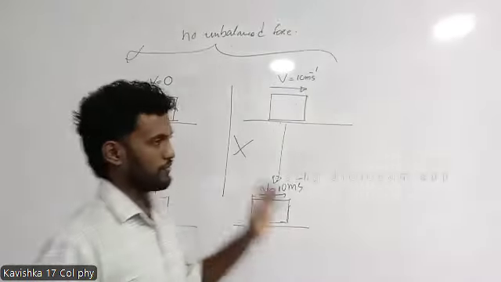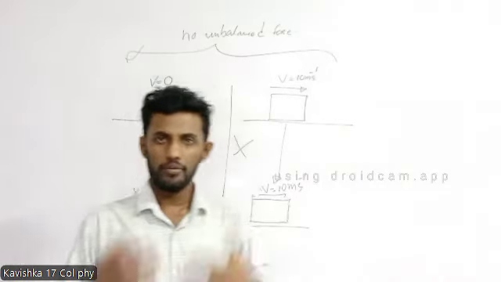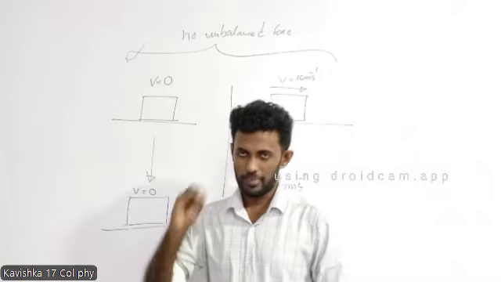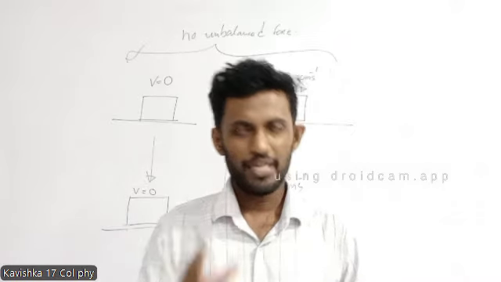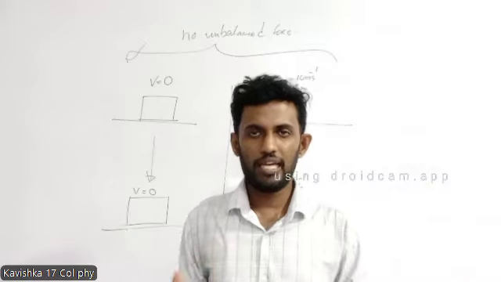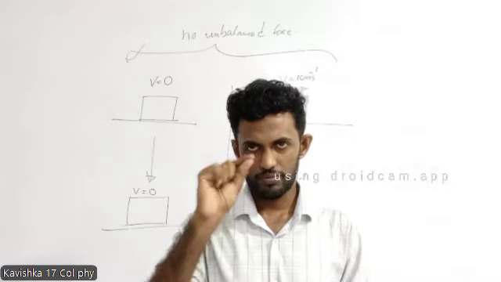Then with frictional force zero, this is okay. But we know every surface in the real world has a frictional force. Even a smooth tile has some frictional force, a small one.